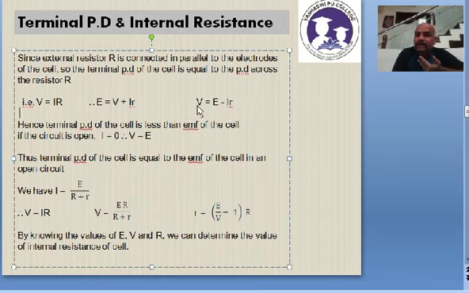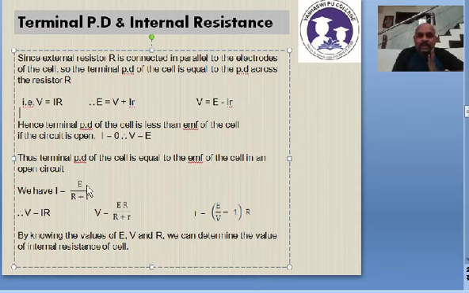That is, terminal PD is always less than EMF of the cell, because there will always be some internal resistance. r is not equal to 0. r is always greater than 0, even for a new cell. Therefore, there will be some energy, some work, some potential dissipated across the internal resistance. Therefore, the terminal PD is always less than EMF of the cell.